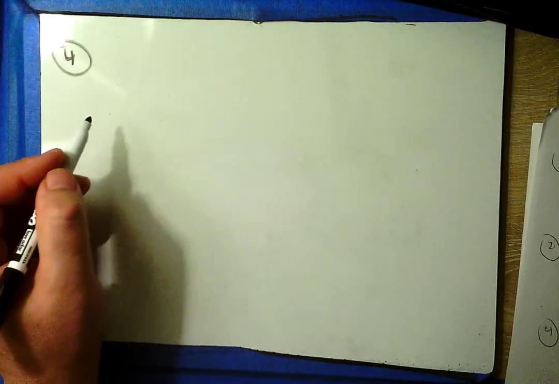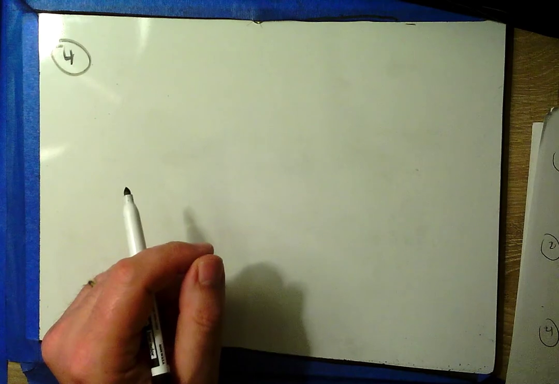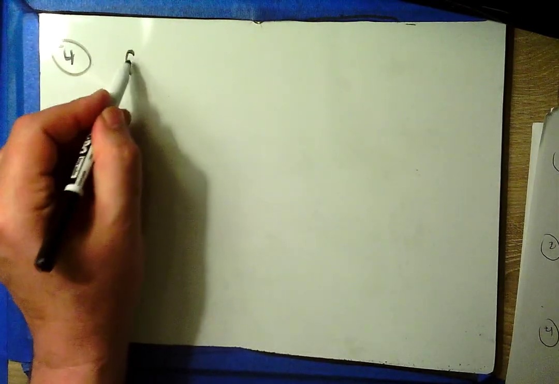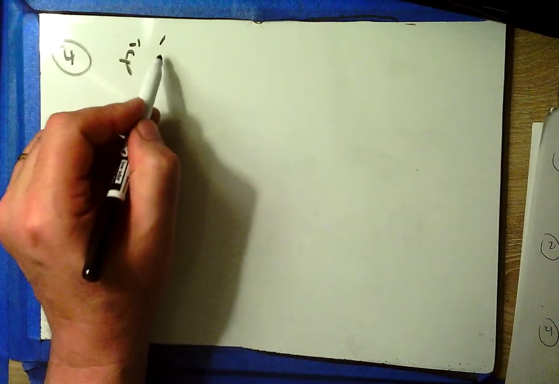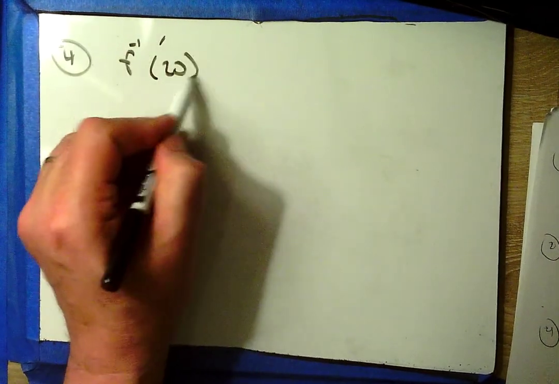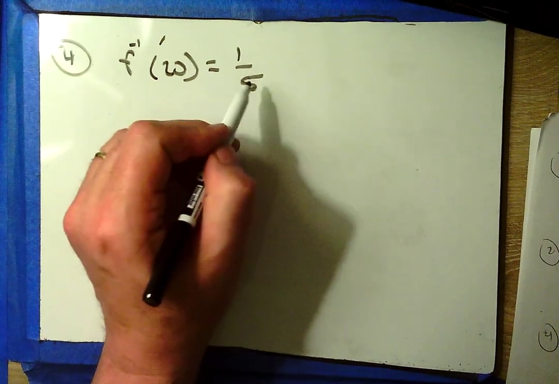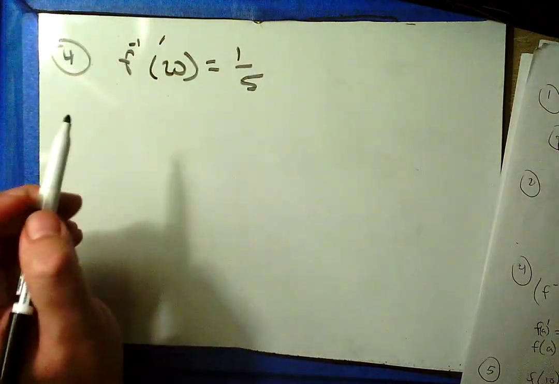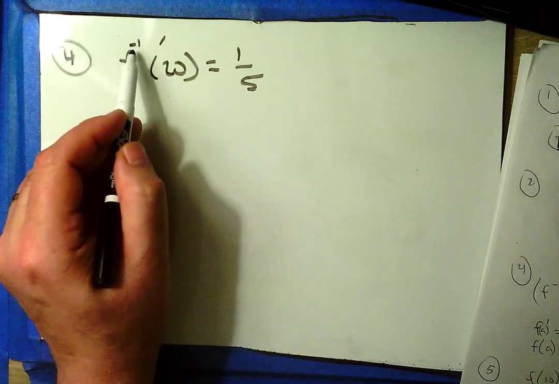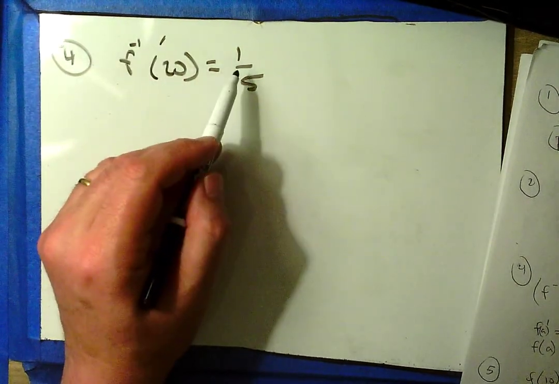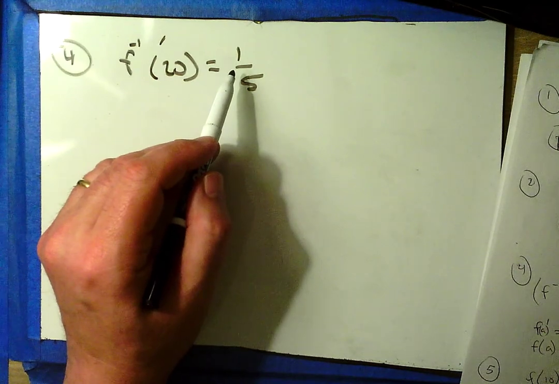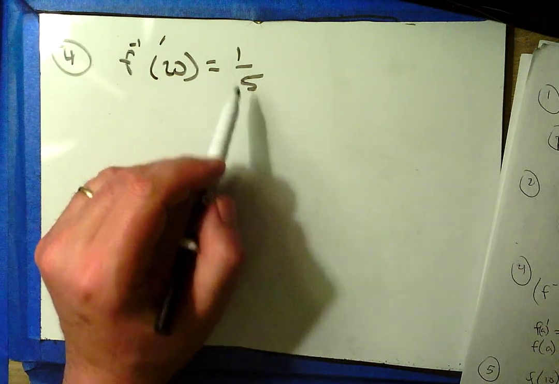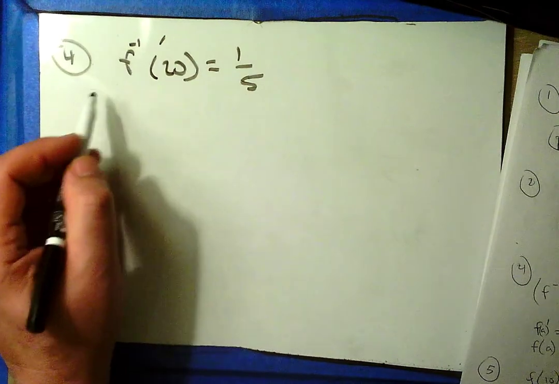4. 4 says, which of the following increasing functions does f inverse prime of 20 equal 1/5? Okay, so that's the inverse function slope at 20 is 1/5. And we're told only that. And then we look at these functions.